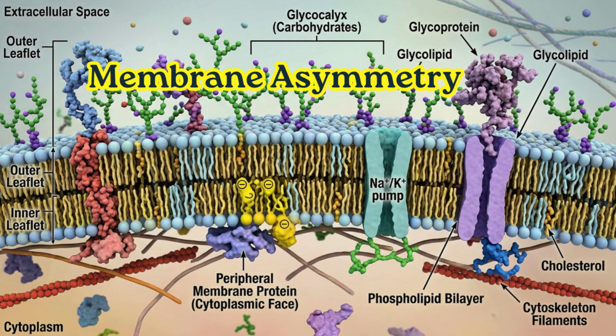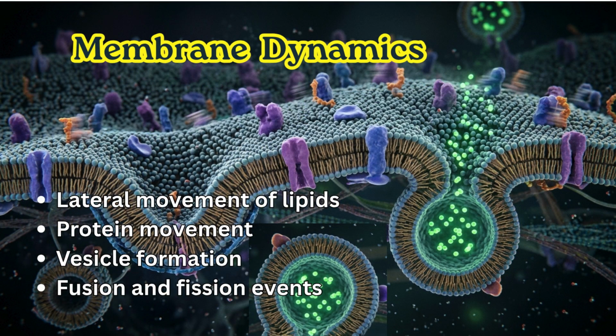Another very important characteristic of the cell membrane is membrane asymmetry. The 2 sides of the membrane are very different from one another. Membrane dynamics: the membrane is constantly changing through number 1, lateral movements of the lipids, number 2, protein movements, number 3, vesicle formations, and number 4, fusion and fission events.